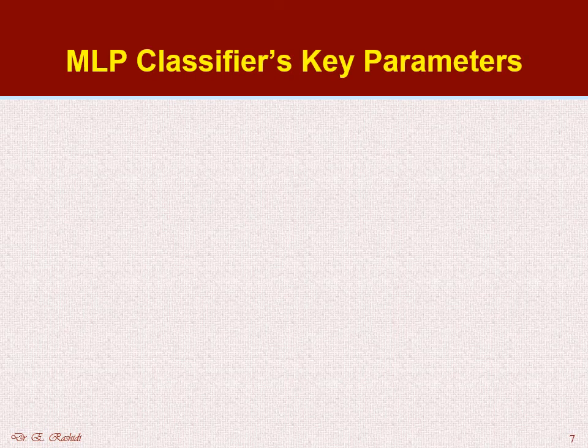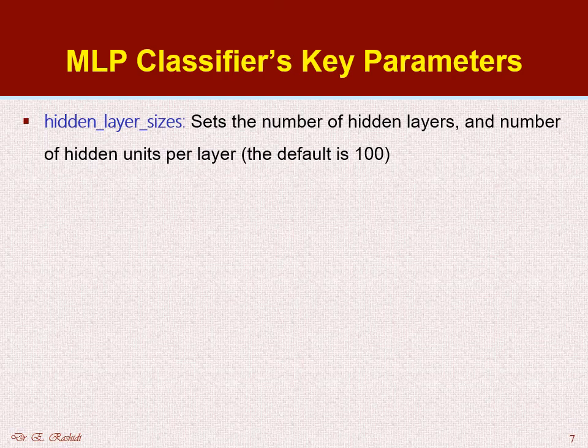MLPClassifier key parameters. The first one is the hidden layer sizes. This parameter sets the number of hidden layers and number of hidden units per layer. The default is 100 units per layer. We set the value of this parameter using a list of the number of units per layer, and we separate the numbers by a comma.